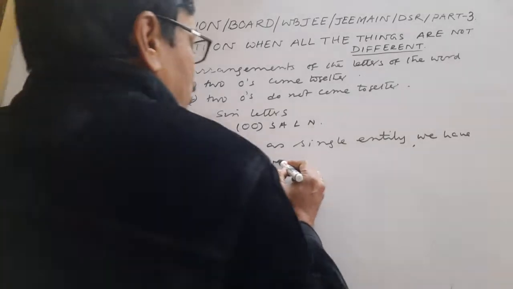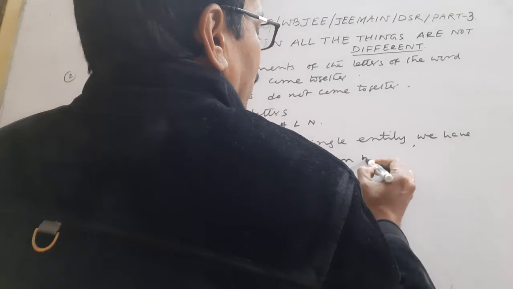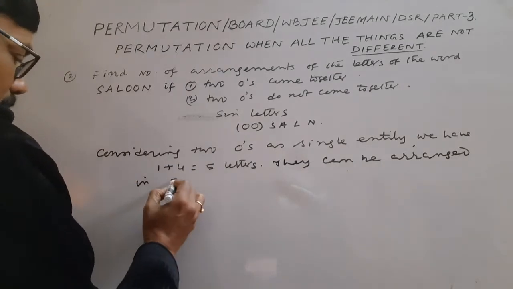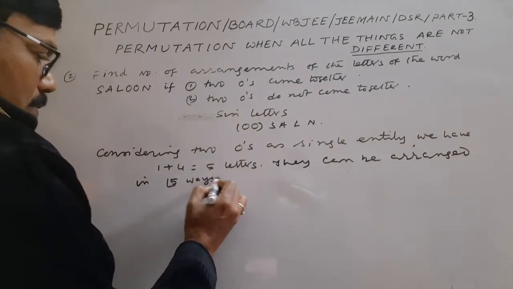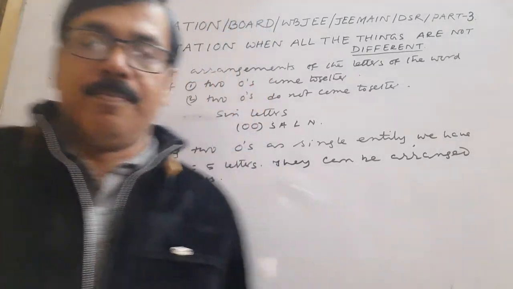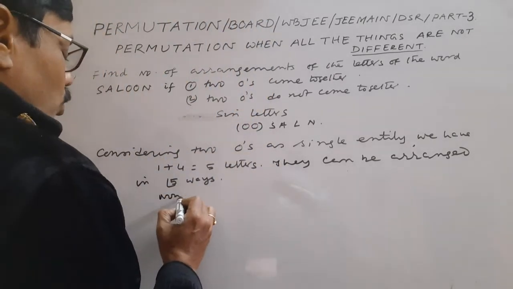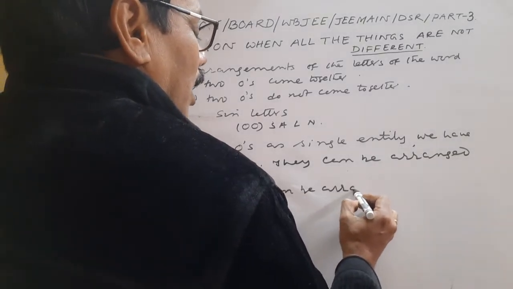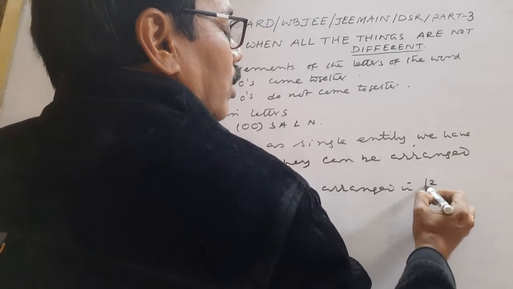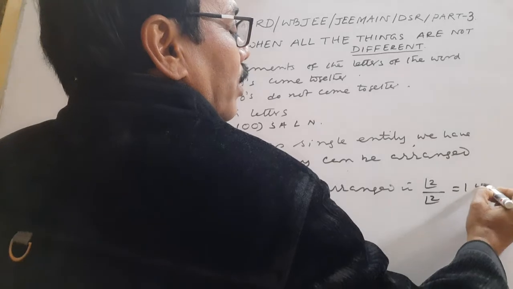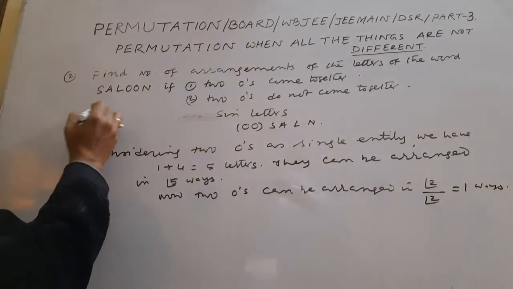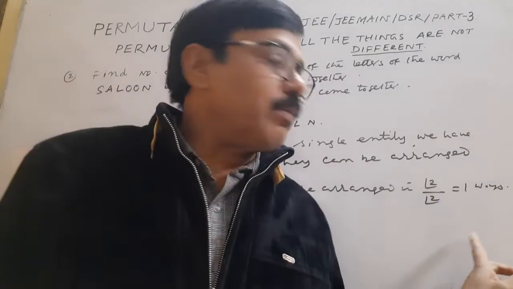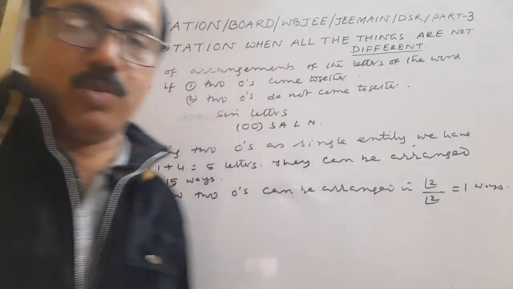So they can be arranged in factorial 5 ways. Now 2 O's can be arranged in factorial 2 by factorial 2, since they are the same, that is 1 way.